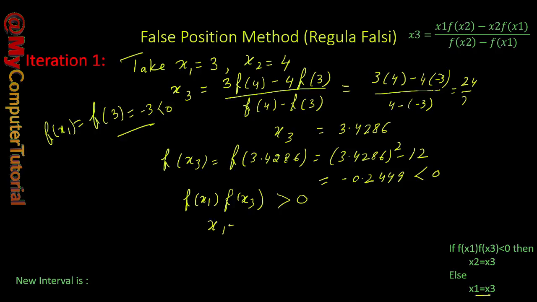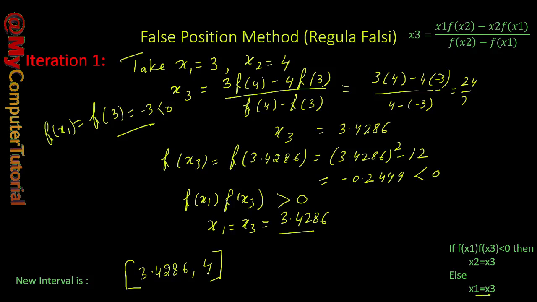So x1 is equal to x3, which is 3.4286. So this will be the new value of x1. So the new interval will be 3.4286, 4. For the next iteration this will be x1 and this value will be x2.